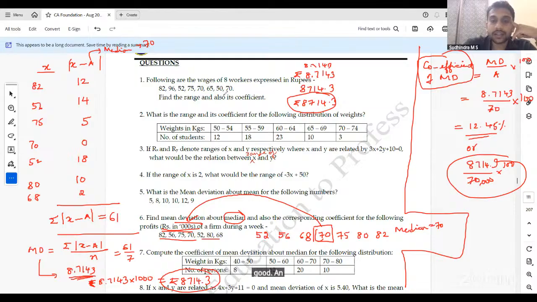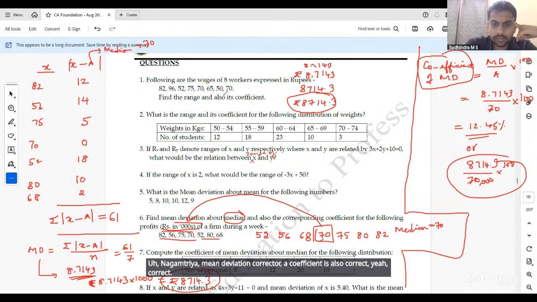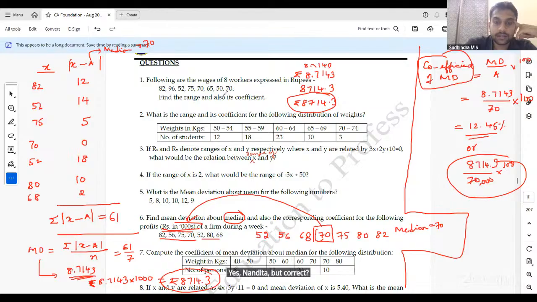Good. Anish Jain correct. Jeevan correct. Nagapriya, mean deviation correct. Coefficient is also correct. Yes, Nandita, correct. Srirama, correct? No Bhargavi, you have to recheck. No Pranav Pai.